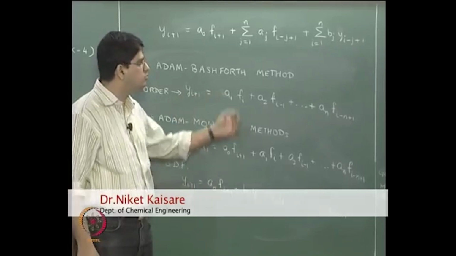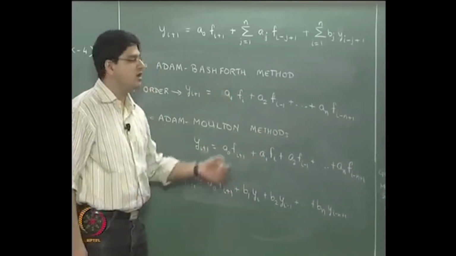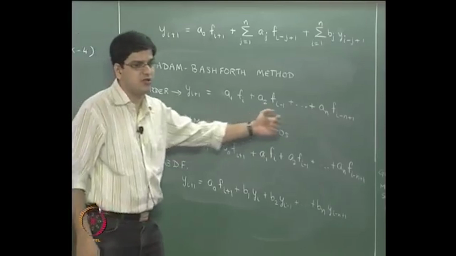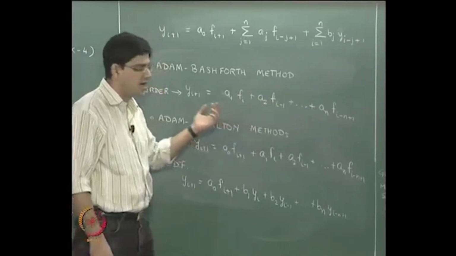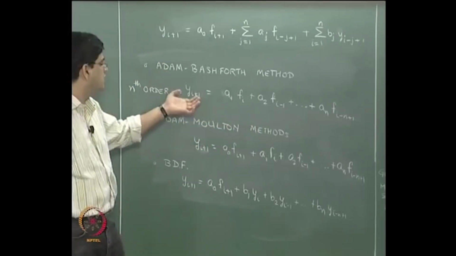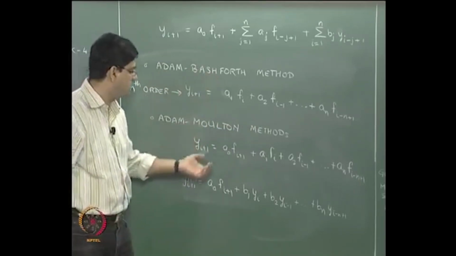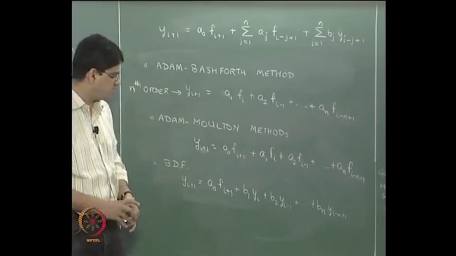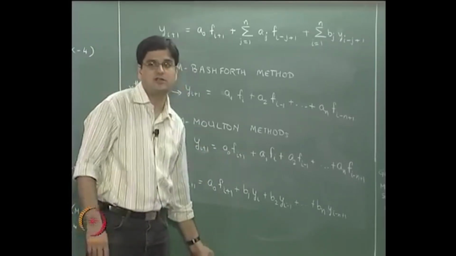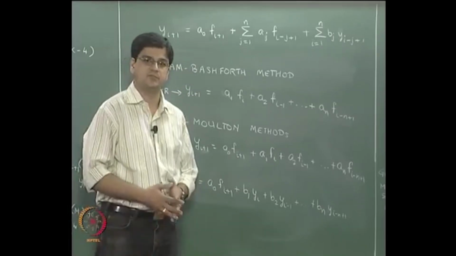We will fit them to the past function values f i minus 1 up to f i minus n plus 1, and we will integrate them in order to get y i plus 1 using the Adams-Bashforth or the Adams-Moulton method. The derivation of these methods is something that I will cover in the next lecture. Thank you.